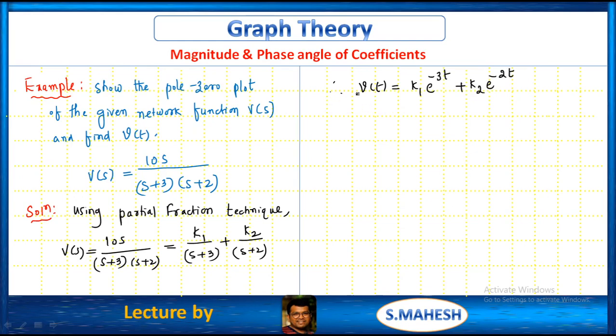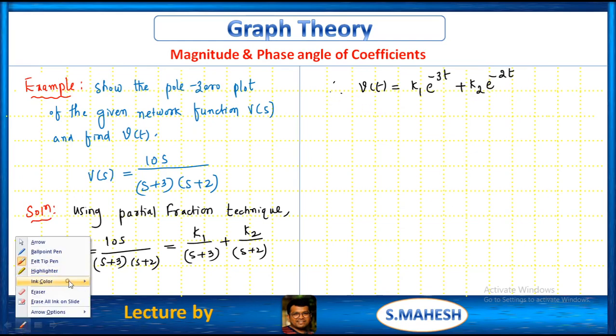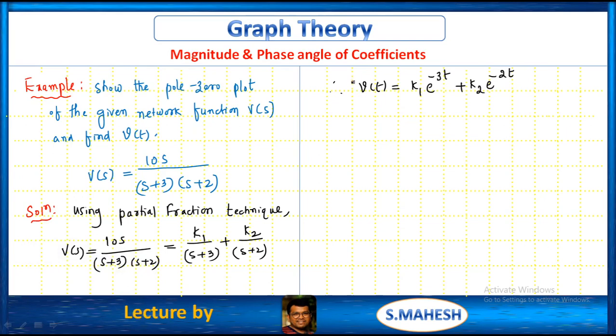This is the required answer. By using the magnitude and phase angle technique we will get this v of t. After getting that, we have to verify the magnitude and phase angle method with the partial fraction method.